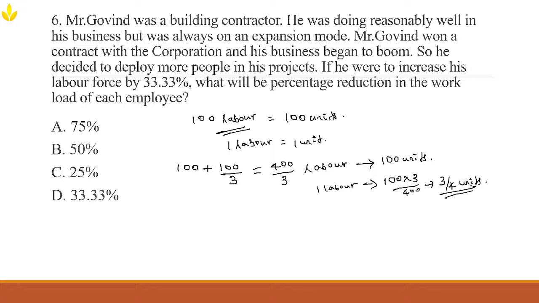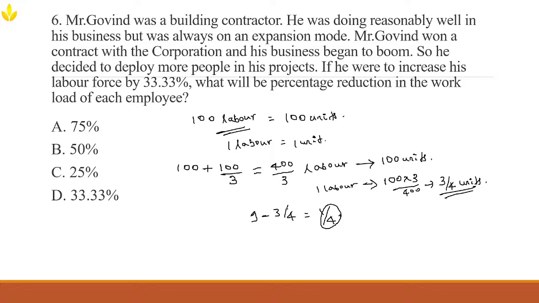So 3 by 4 units of the work is completed. We need to find how much of the work is reduced. So if each of them completes 3 by 4 of the work, the remaining part will be 1 minus 3 by 4. That gives you 1 by 4 of the reduction in the work.